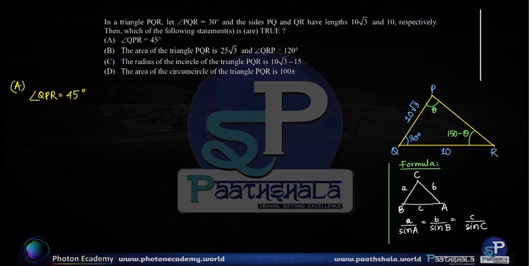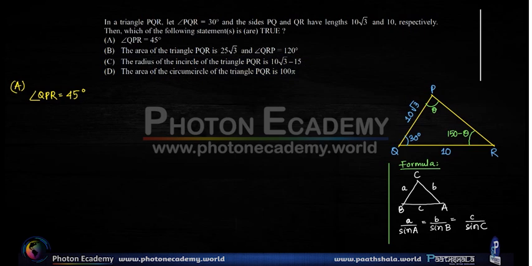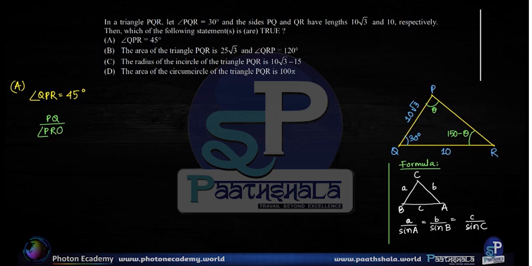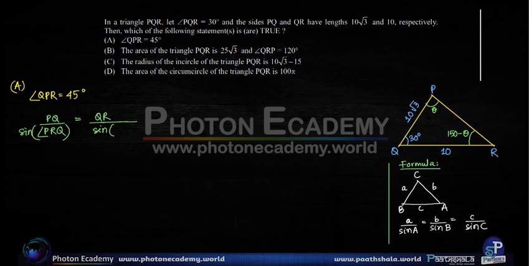Applying that same formula to this triangle, we get the side PQ divided by sine of angle PRQ is equal to QR divided by sine of angle QPR.